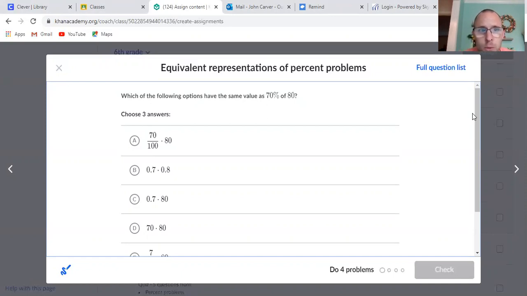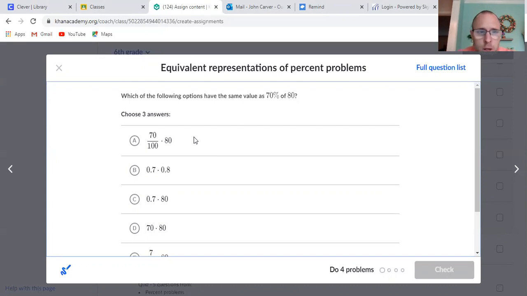What we're going to do here is simplify each of these out, because we want to find if something's equal. Then we're going to change them all to the same form. The easiest form to change everything to is decimals. A decimal would just be like a whole number or a decimal or something like that.